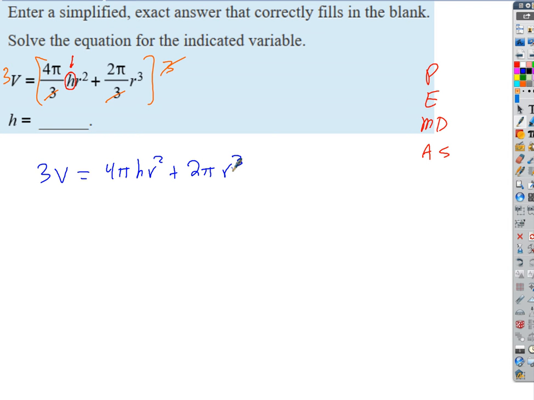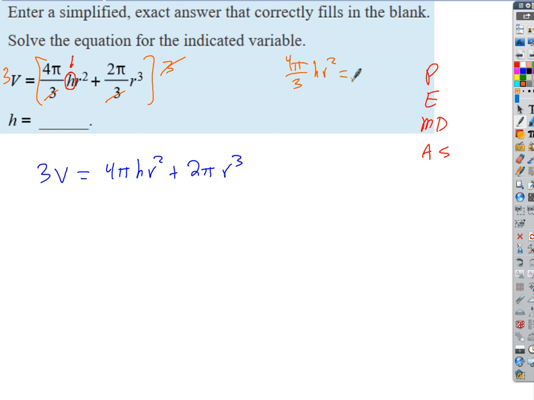One point I do want to make, though: we're going to go ahead and clear the fractions, and that's fine. But if we hadn't done that, what could I do with this first term? When I have 4 pi over 3 times hr squared, how can I write that as one big fraction? Good.